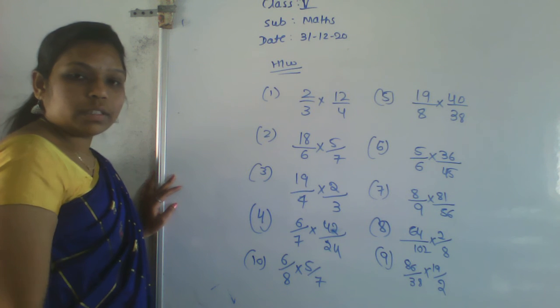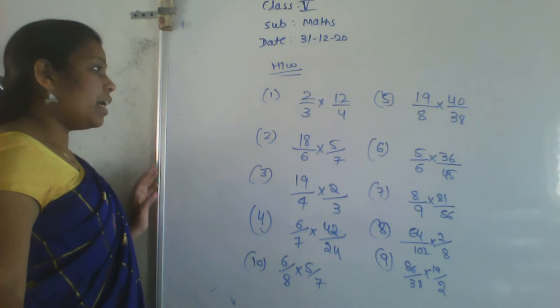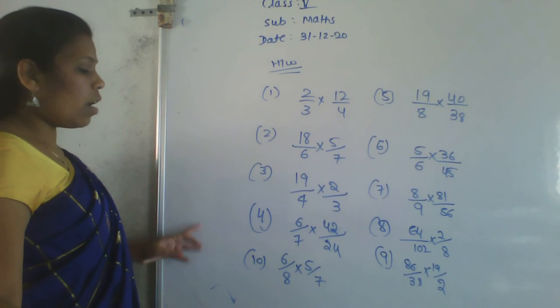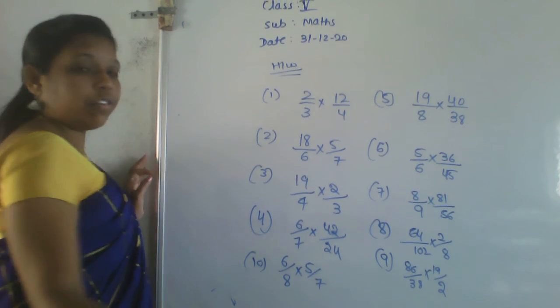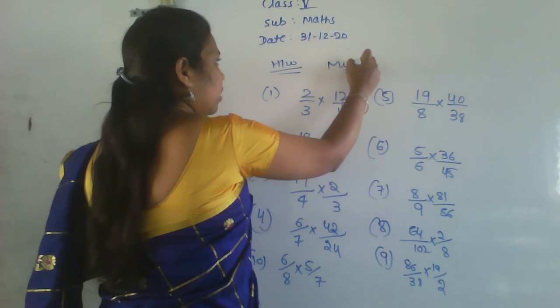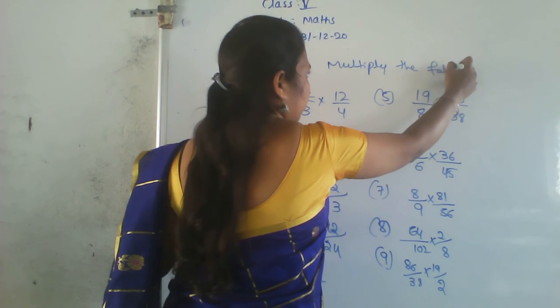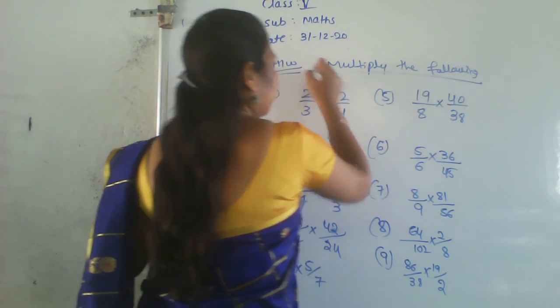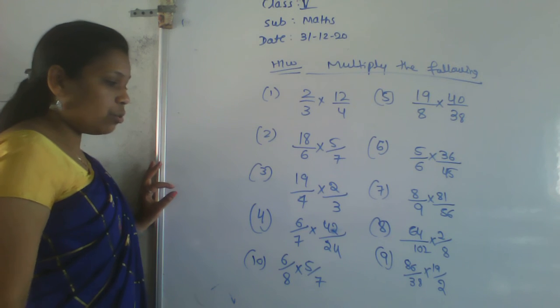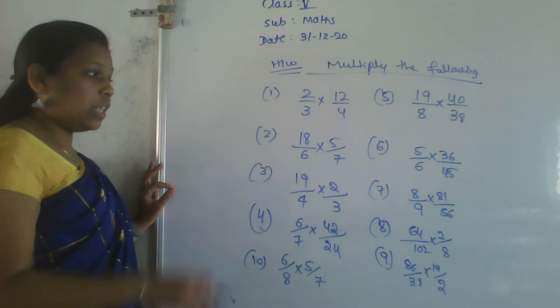Okay, so this is the homework. I given 10 problems here. All are multiplication of fractions. Multiply the following. I given 10 questions here. Solve every question in the HW.